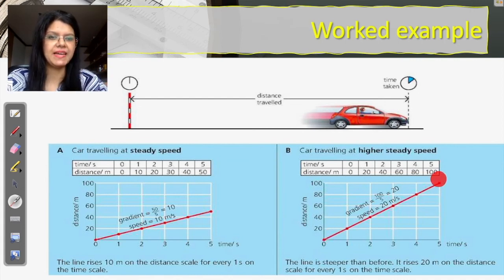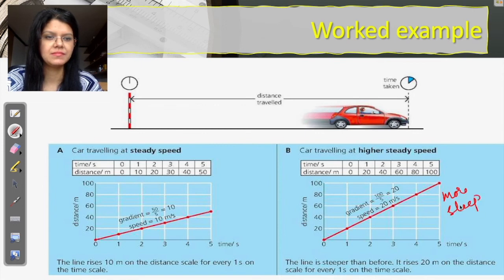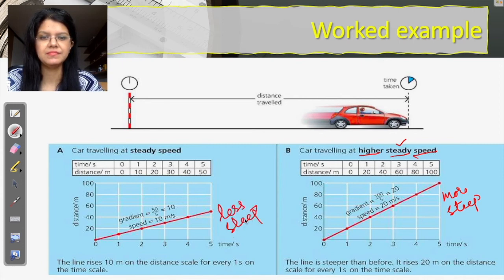Here if you see, the line is more steep, because it represents a higher constant speed. Steady means constant. Higher constant speed, more steep. Here if you see, the graph is less steep. Right?